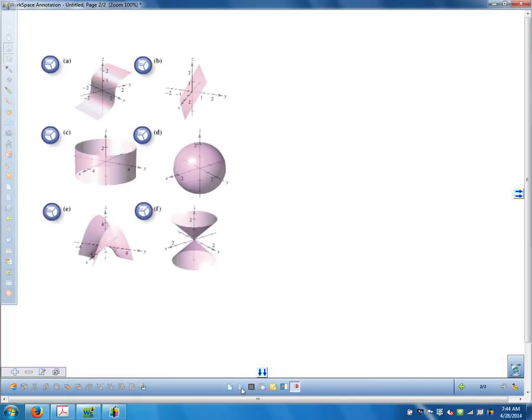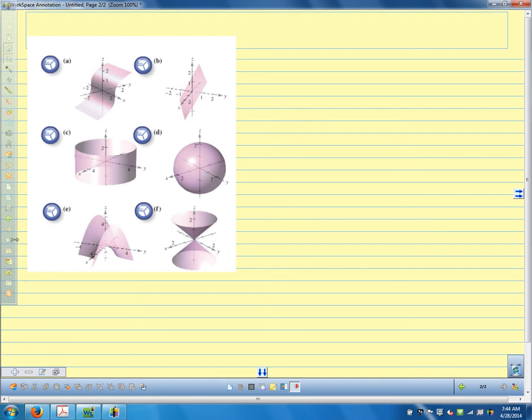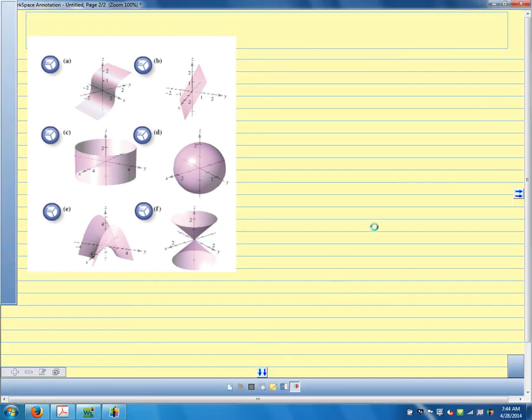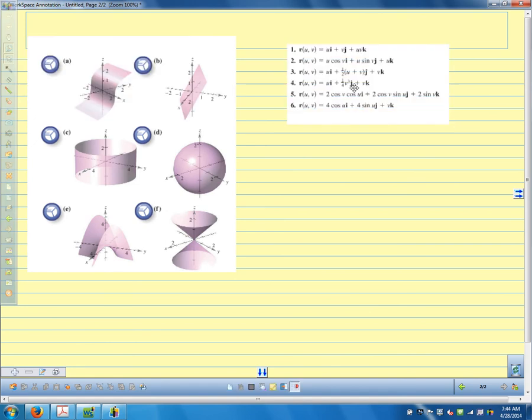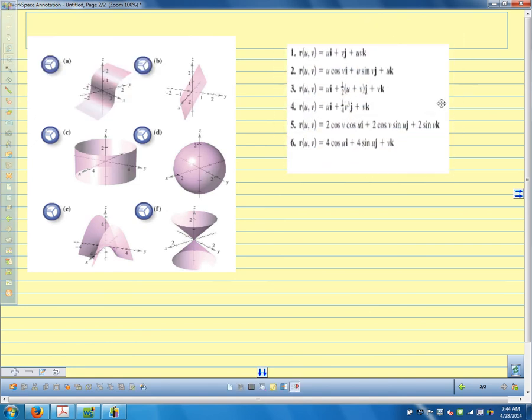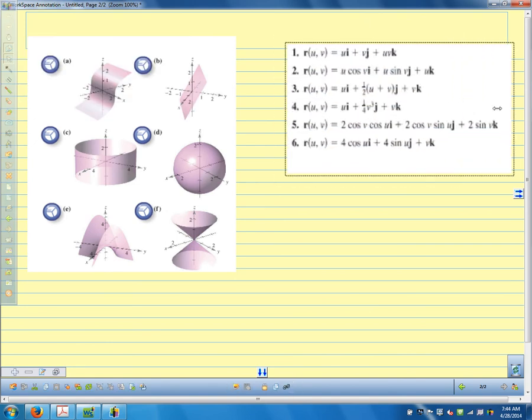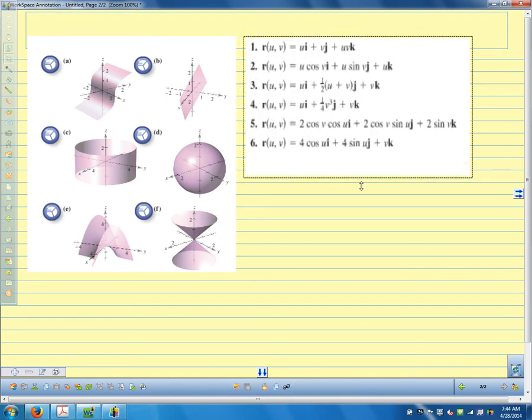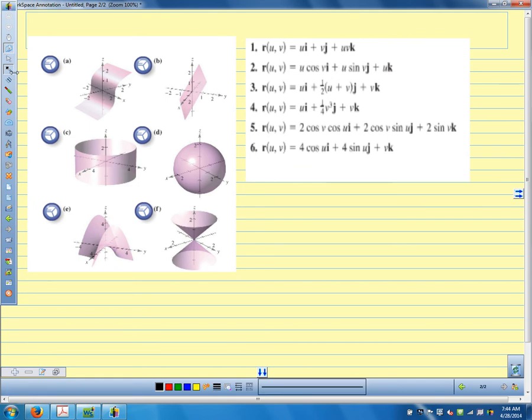And I'll put the equations next to them. Came out a little more clear in the PDFs.